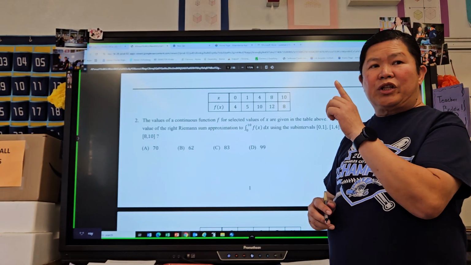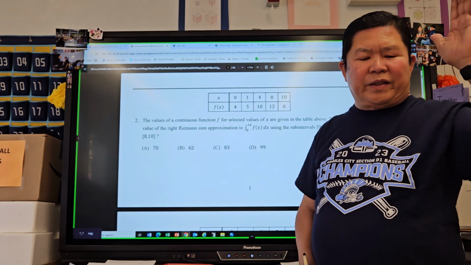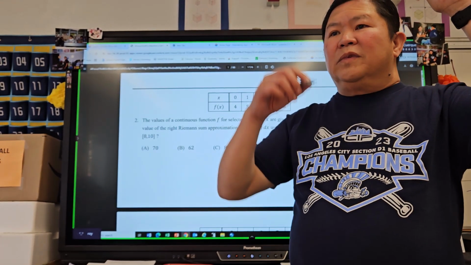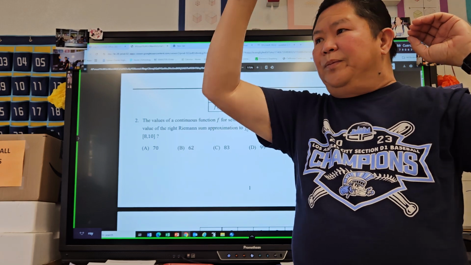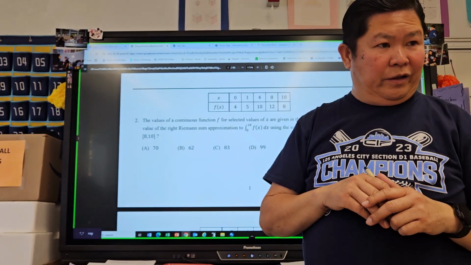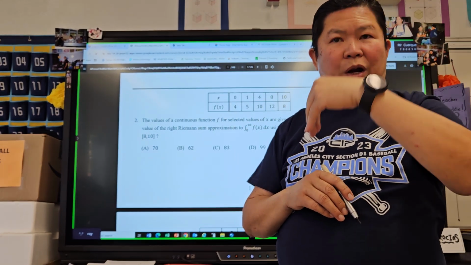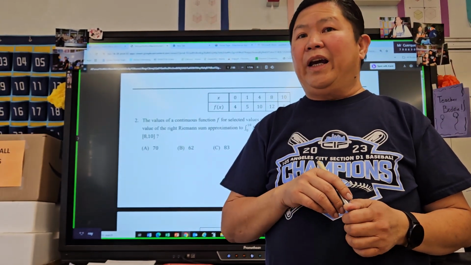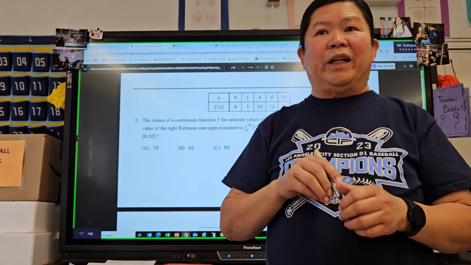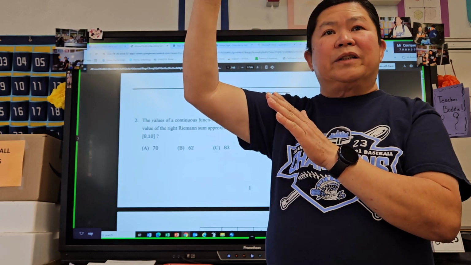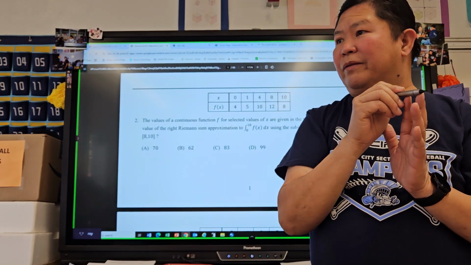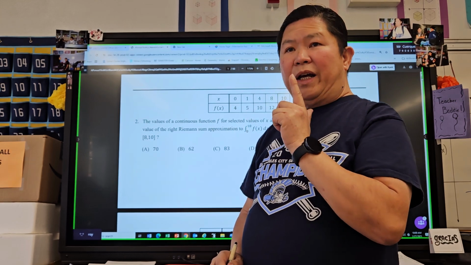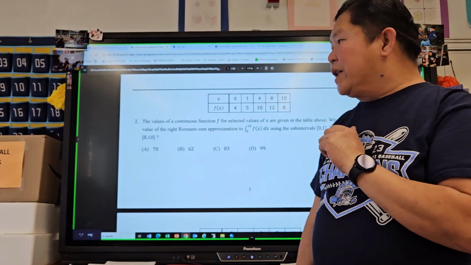Remember the direction from last time, guys: when we say right Riemann sum, it goes from top to the right, okay? Top to right if this is tabular. That's the technique, okay? But if it is left Riemann sum, top going to left. You get me? Top going to right. That is right Riemann sum.